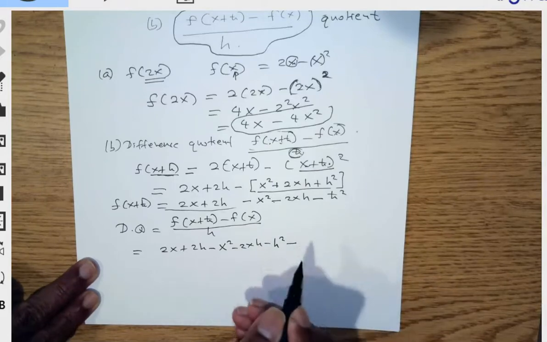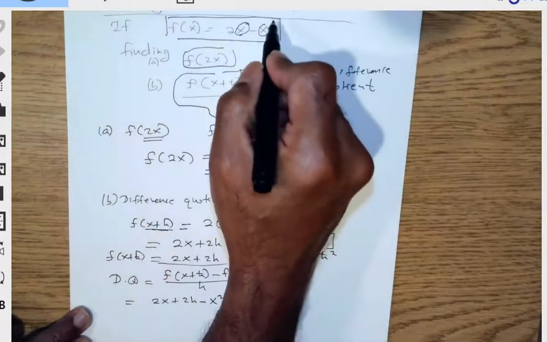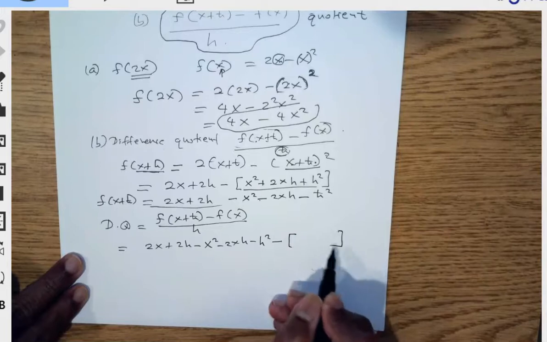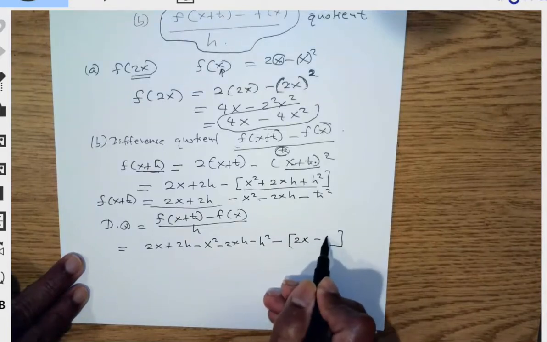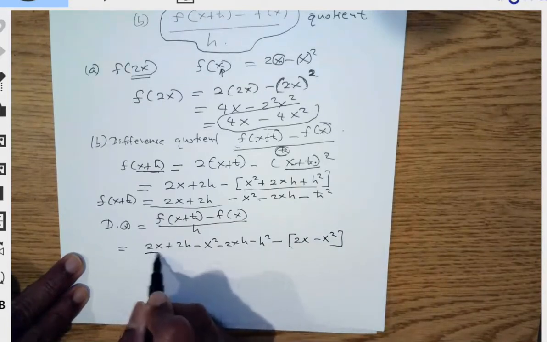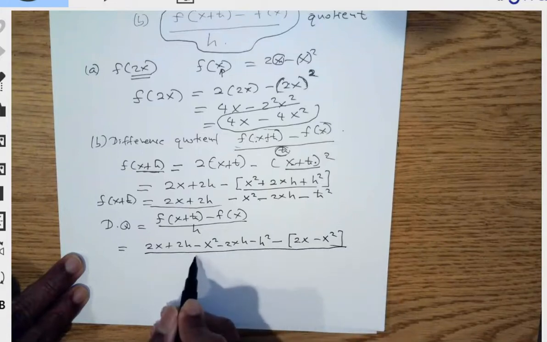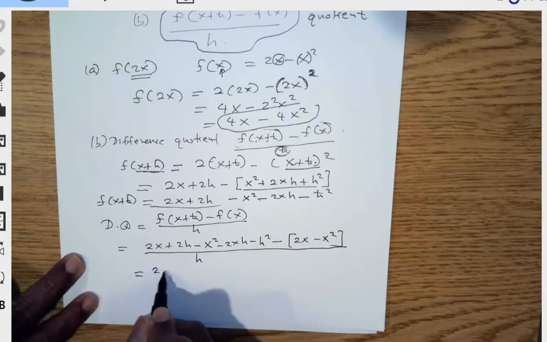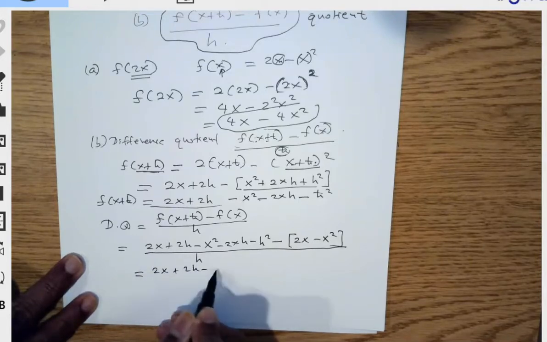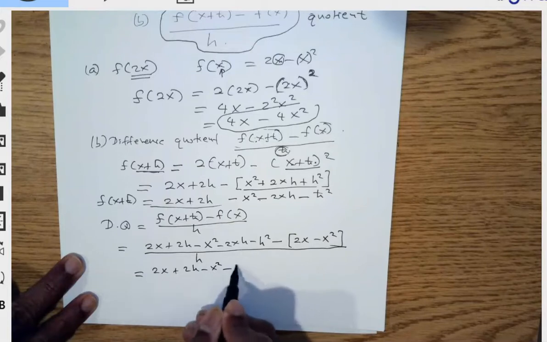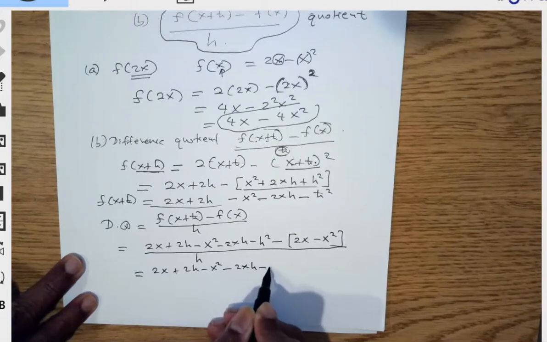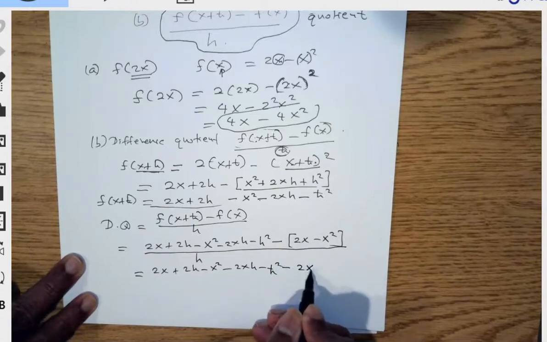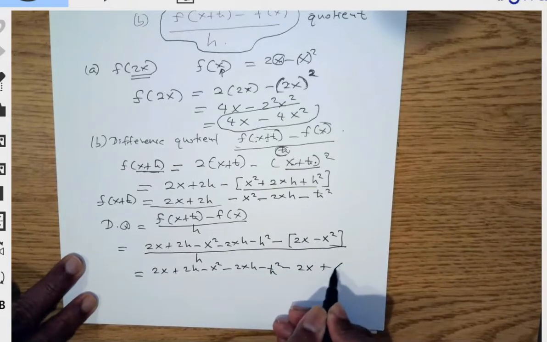What is f of x? It is 2x minus x squared. Remember to put this in parentheses. A very common mistake students make is not putting it in parentheses and then making a mistake in distribution. So let's do that slowly: 2x plus 2h minus x squared minus 2xh minus h squared, and then minus 2x when you distribute, and then you get plus x squared.